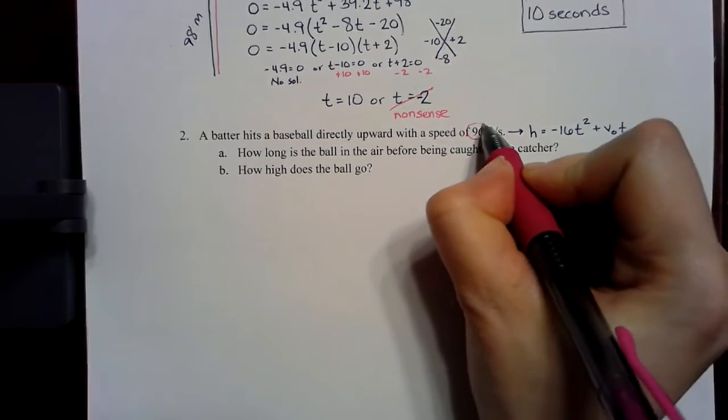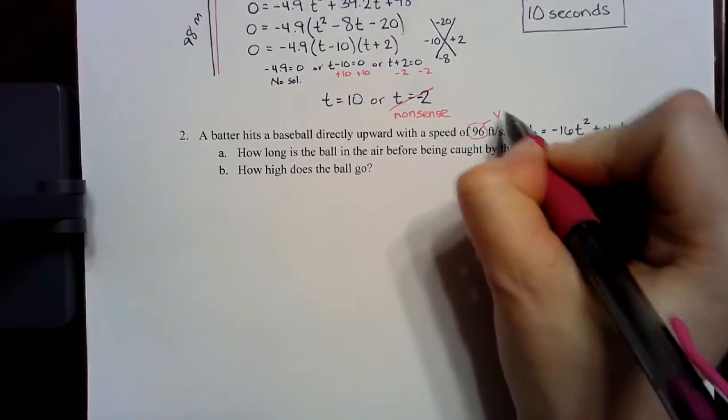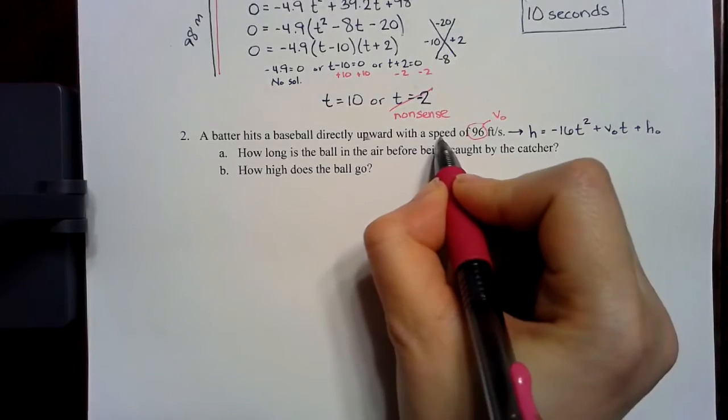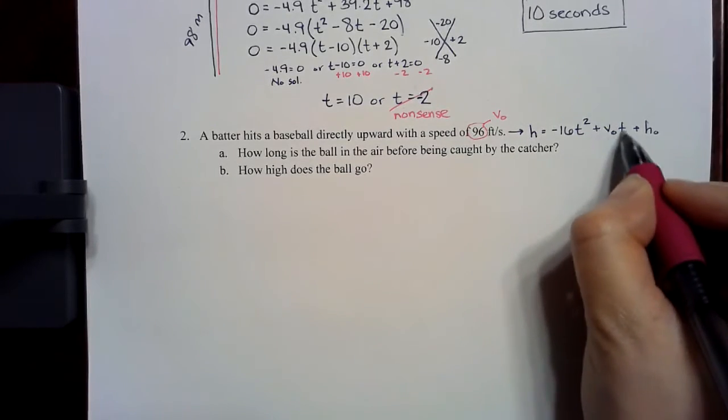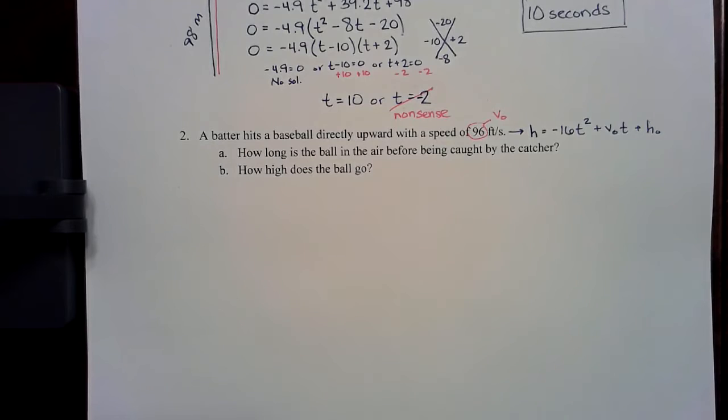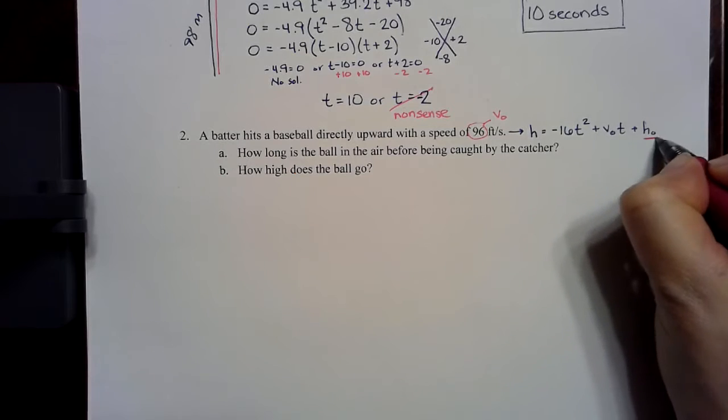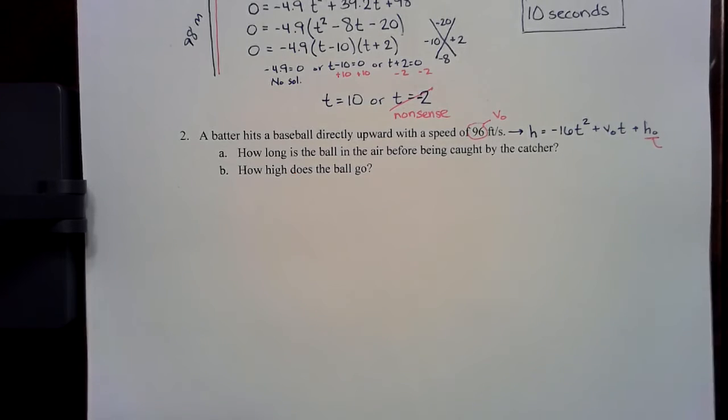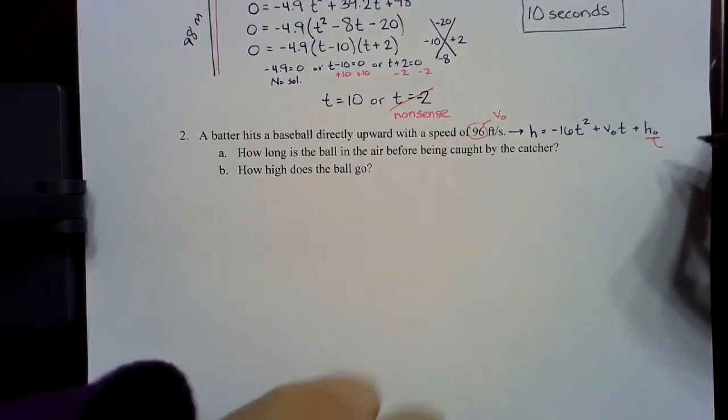This 96 is going to be my directly upward speed, so that initial velocity. And this h0, if I think about it, is going to be whatever height the ball is when the batter hits it.